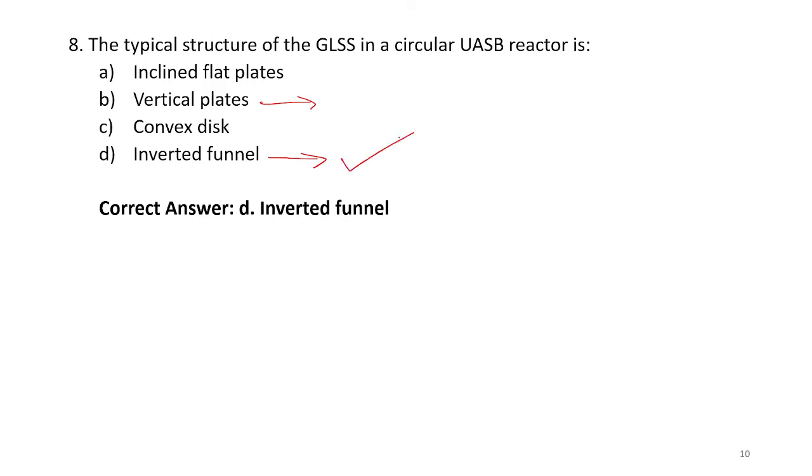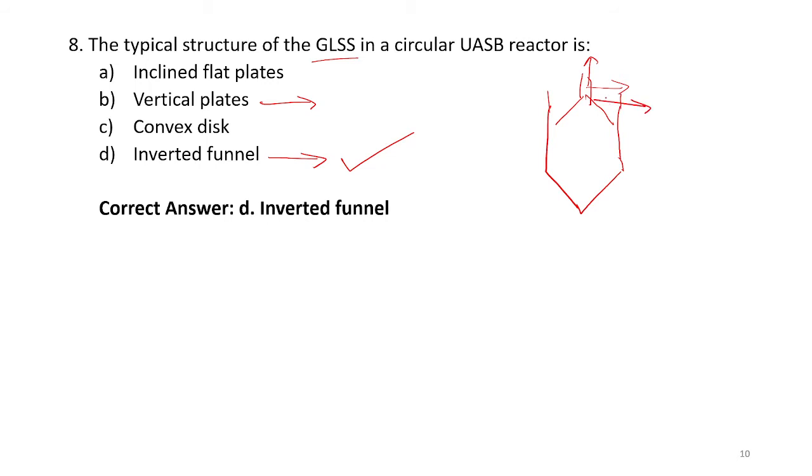As in the lecture, you would have heard about the GLSS, the gas liquid solid separator, which is present in an upflow anaerobic sludge blanket reactor, USB reactor. It is usually present at the top of the reactor in the shape of an inverted funnel. This shape is designed so that there is provision for gas to escape and effluent to pass.